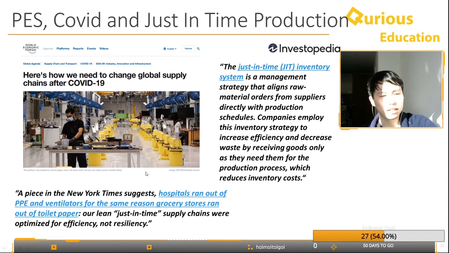And as a result, during the coronavirus crisis, we ran out of expendable items very quickly, like PPE, ventilators, masks, and all of that stuff. Because we don't have extra stock in order to buffer for the sudden increase in demand for these medical products. So that is the reason why we see pasta not on shelves, we see the lack of toilet paper on shelves, and all of that.